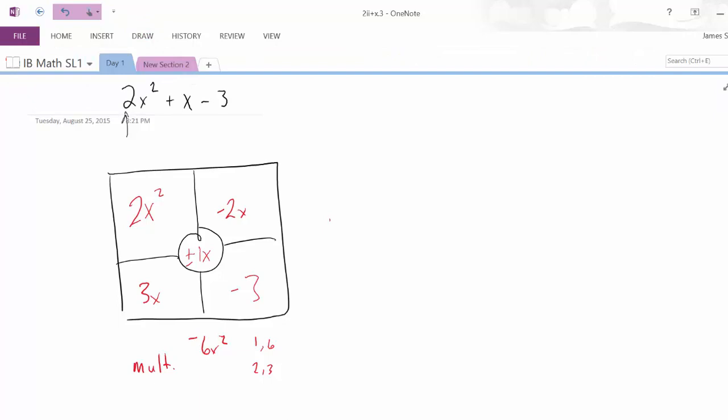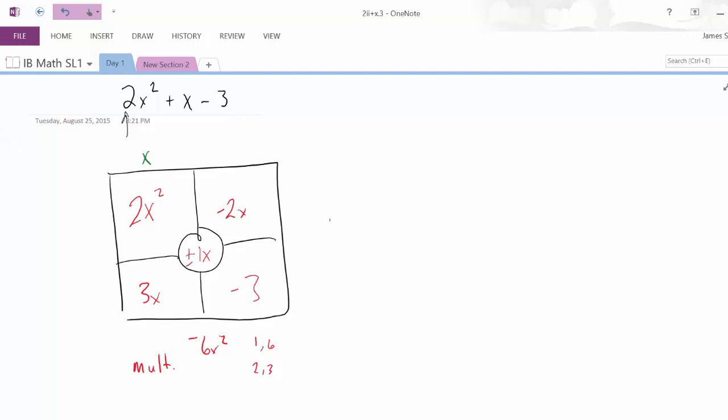Okay, so how does that help factor? That's the big question. That's the whole goal with this. If you know how to deal with greatest common factor, we're good to go. We're going to look at each column and each row and factor out the greatest common factor. So in the first column, what's the greatest common factor of 2x squared and 3x?